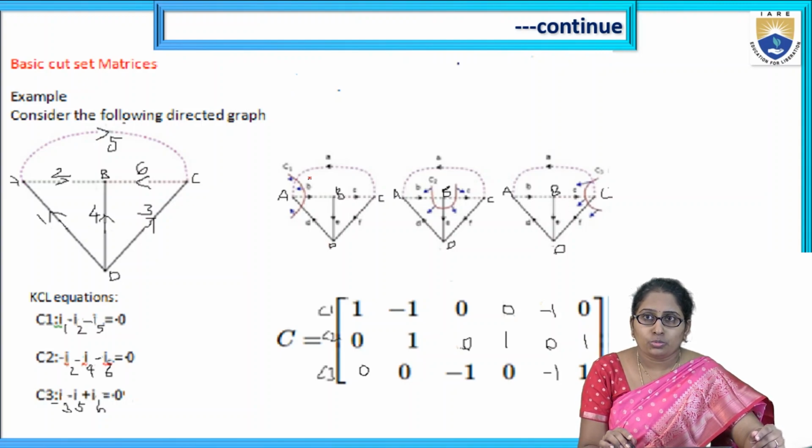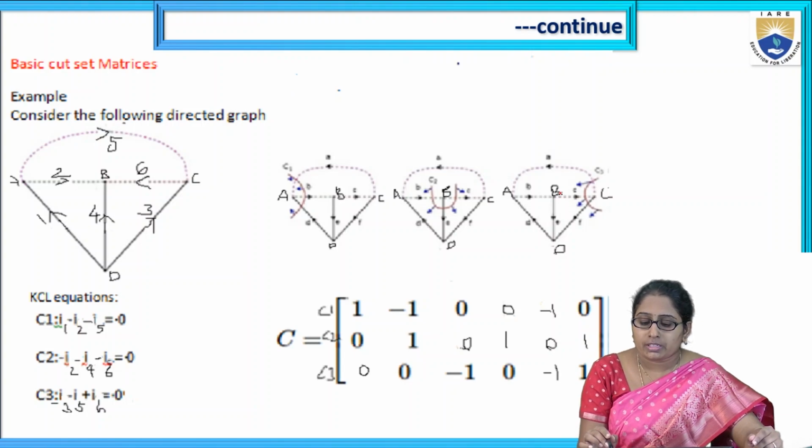Then cut set 2 I have shown at node B. If you draw the cut set here, denoted with C2, it consists of only one branch of the tree, that is 4. The remaining branches are the links, 2 and 6.